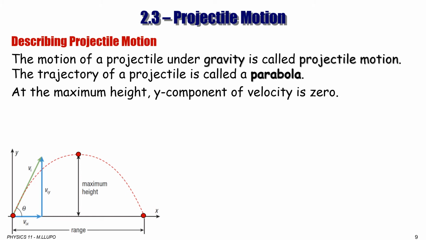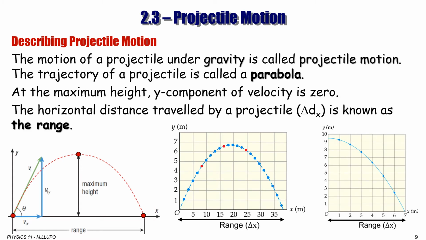So it is the point where that object will stop for that fraction of a second and is going to fall back. Now, x component is going to affect what we call horizontal distance traveled by a projectile, as we know it to be called the range. Range is between start and end. Start horizontally and end horizontally.